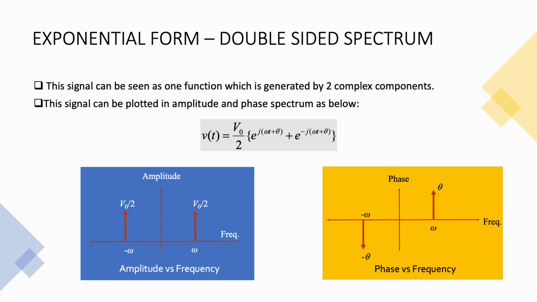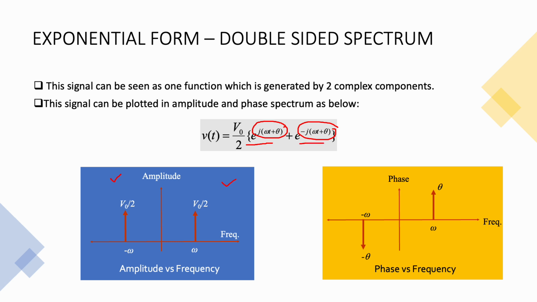If you look at this equation, in the exponential here, we can see we have one side of positive and another side of negative exponential, right? So that's why in complex exponential form, we have a double-sided graph, because of the one side of positive exponential and another side of negative exponential.